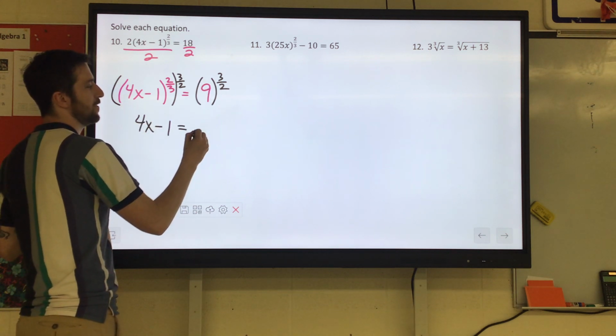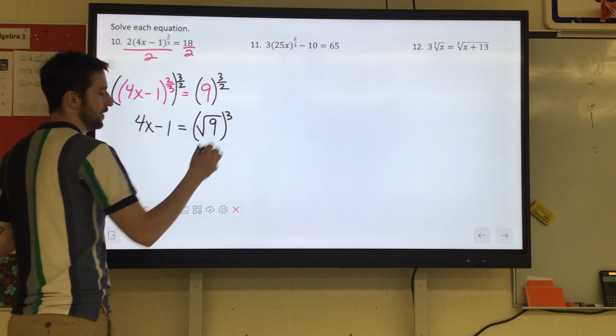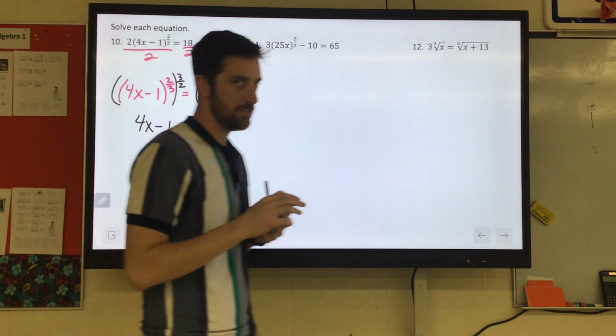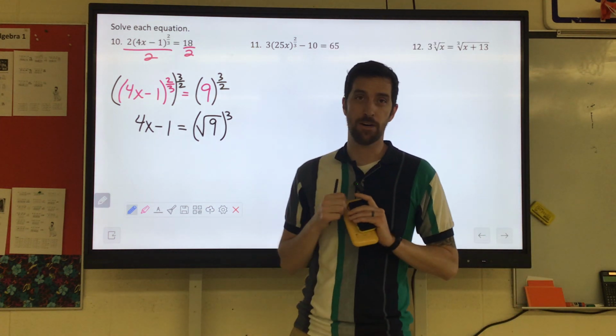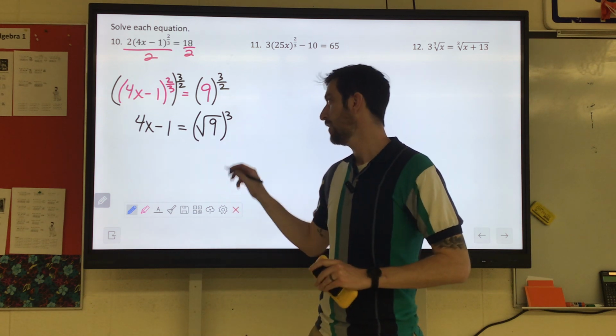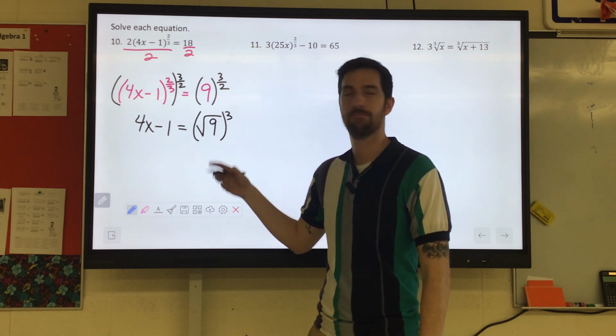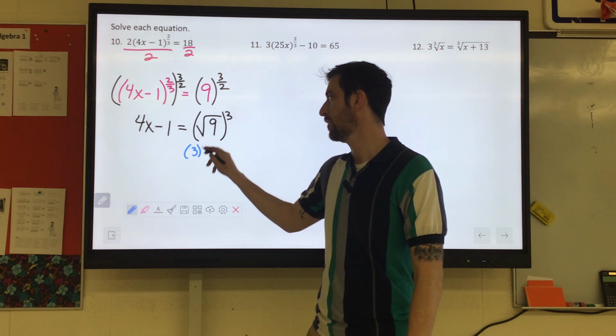But this 9 to the 3/2, we're going to do what we were just doing. But here's the tough part about these. When you're solving equations and you're square rooting a positive number, you have to include the positive and negative version. So when I square root 9, I have to think of that as 3.